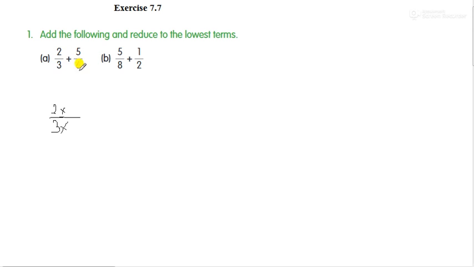So here we have a 6, here we have a 3, no? So denominator 3 2s are 6. So multiply numerator and the denominator with a 2. So 2 2s are 4, 3 2s are 6. So here we have 4 by 6 plus 5 by 6. So here the denominators are the same. So 4 plus 5 equals 9 by 6.